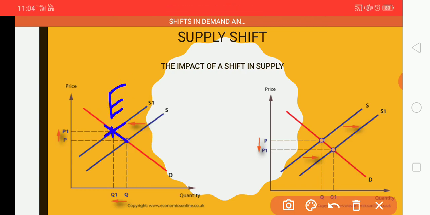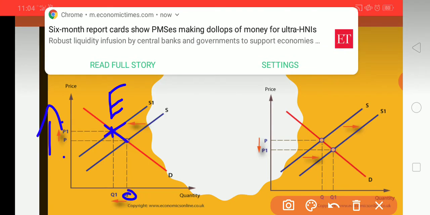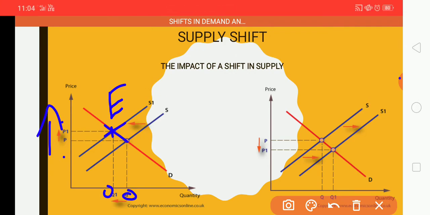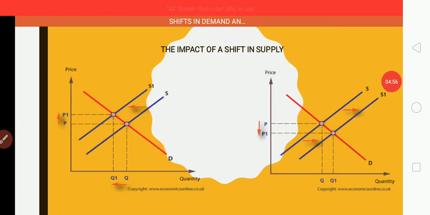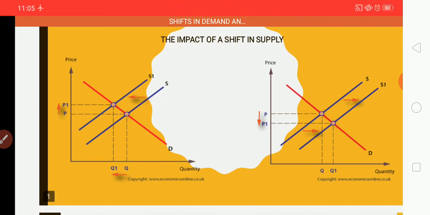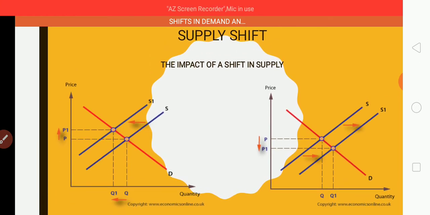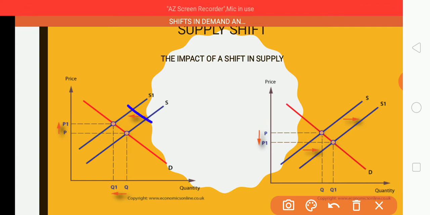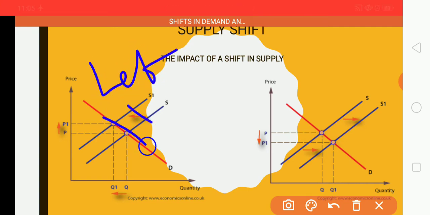At the new equilibrium, the price increased from P to P1 and the quantity supplied decreased from Q to Q1. Now let us see the next diagram.